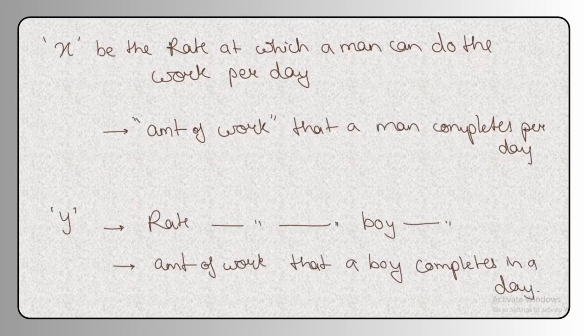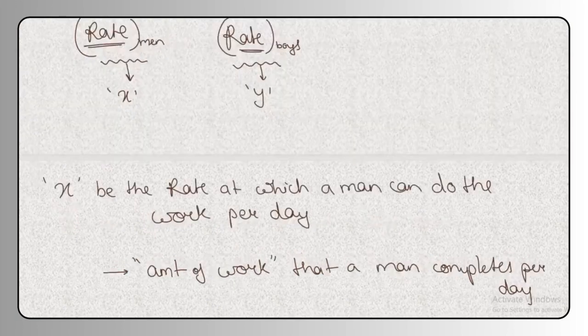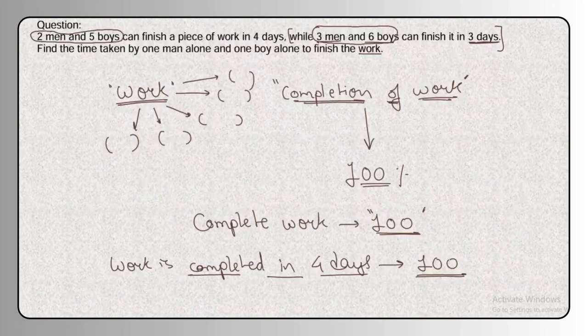All right, so X being the rate at which a man has completed the work, and Y being the rate at which the boy has completed the work. Now, let's see the resources. In the first statement, it is said that 2 men and 5 boys can finish the work in 4 days.